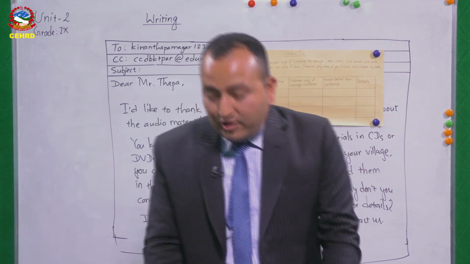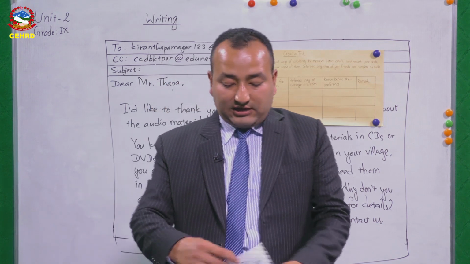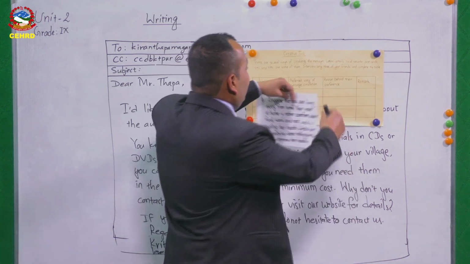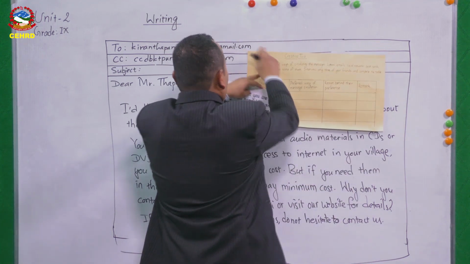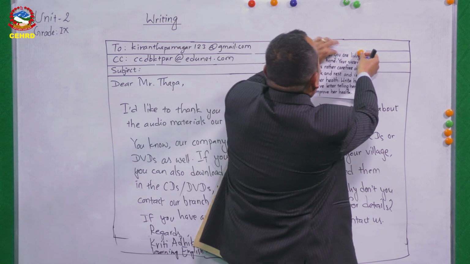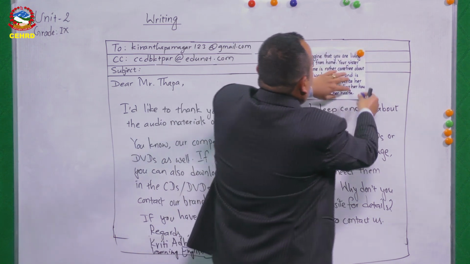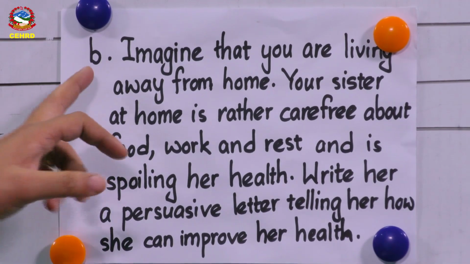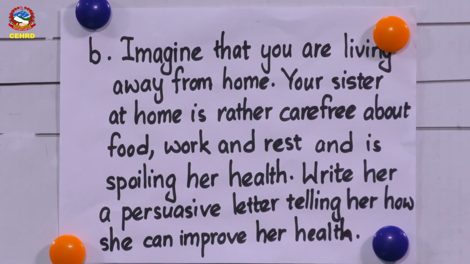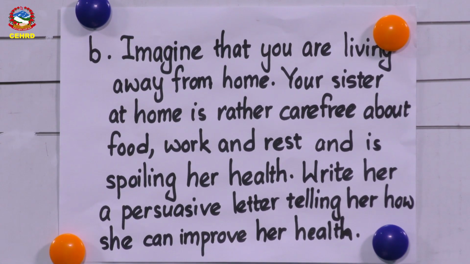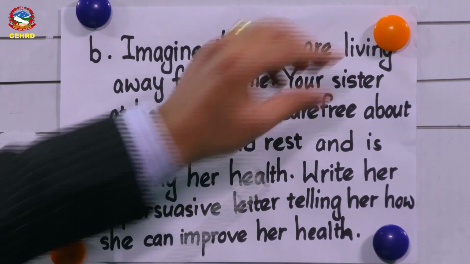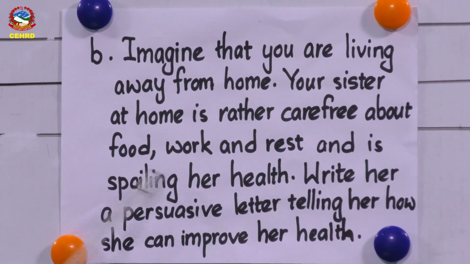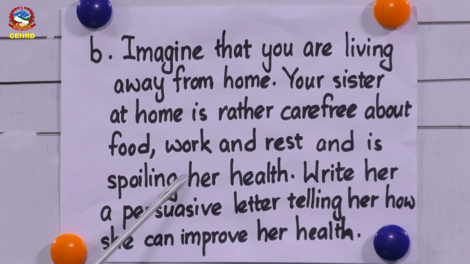And before signing out, I would like to give this question for your homework. Please, students, this is the question for your practice at home. Put into practice section, question number B, you can practice it at home. Imagine that you are living away from home. Your sister is at home, is rather carefree about food, work, and rest, and is spoiling her health.